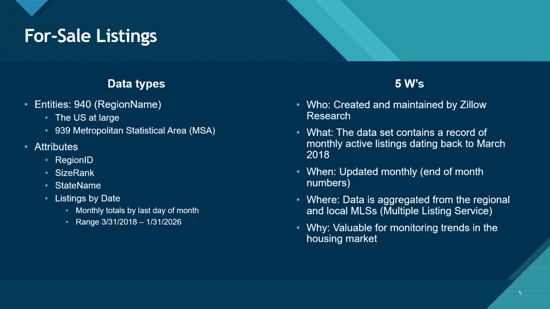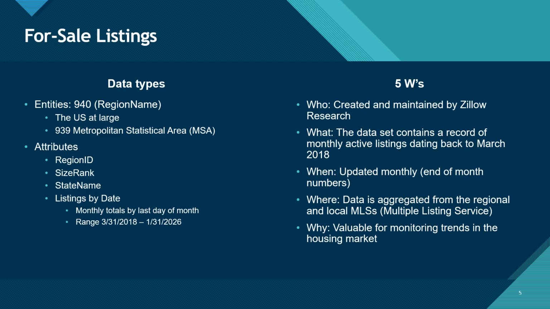This set is created and maintained by Zillow Research. The set contains a record of the monthly active listings dating back to March of 2018. On a monthly basis, at the end of the month, the data set is updated. Data is aggregated from the regional and local MLSs from around the country.